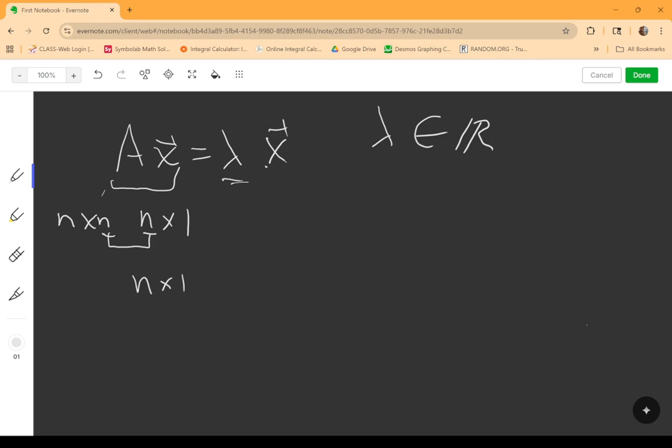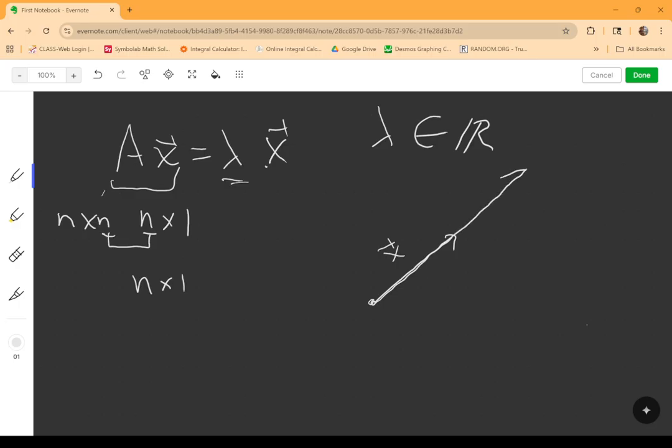So the idea here is that the matrix multiplication Ax equal to lambda x means that A doesn't change the direction of x. Remember lambda is a scalar, so the only thing lambda x does is scale it.